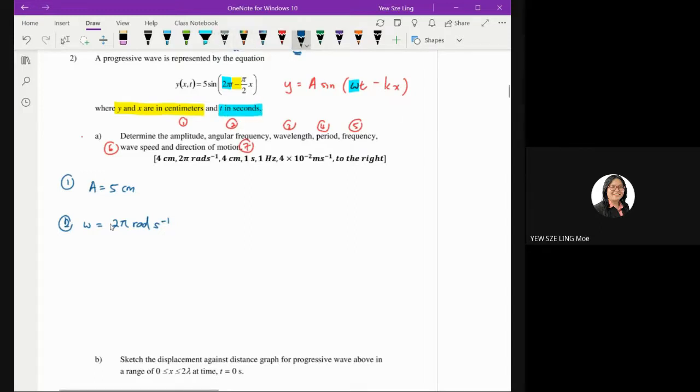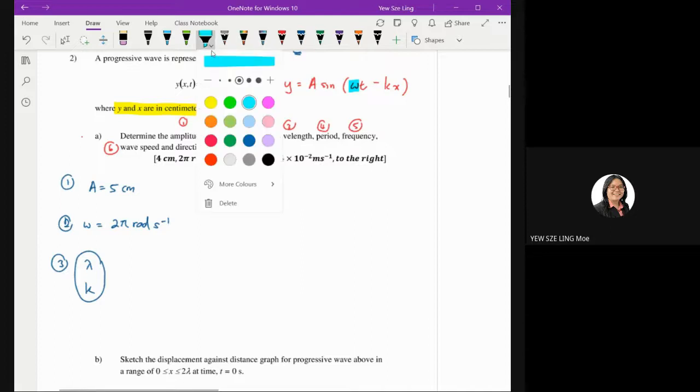And then question number 3, wavelength. So how to determine wavelength? If you remember, wavelength and K are one family. So in order to determine the value of wavelength, we can identify the value of K first.